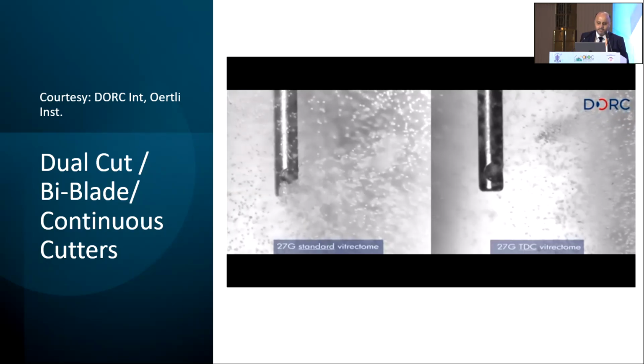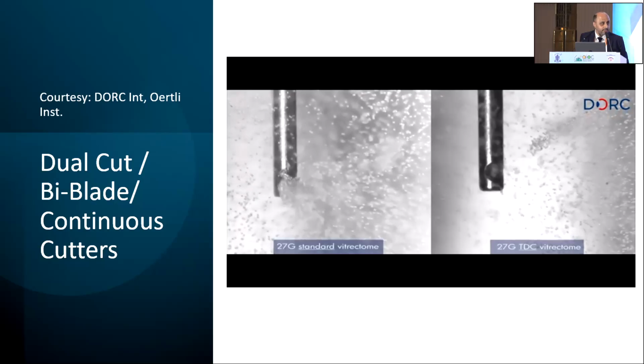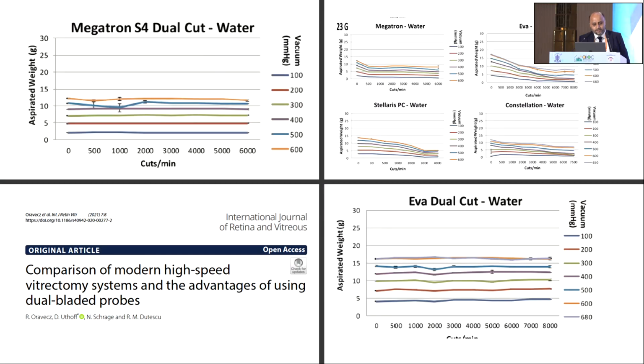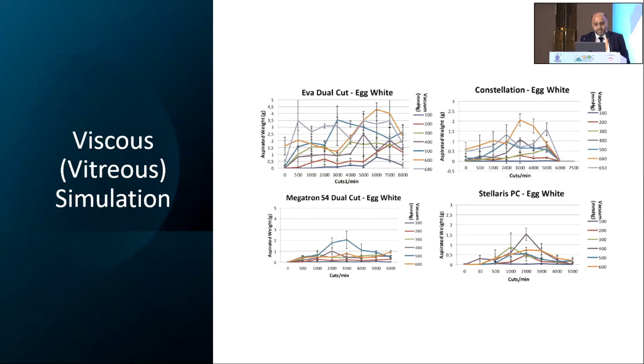And if you see this video, you also see that there seems to be very good flow with the TDC cutter. With this technology being introduced, there were studies in the literature which I went through, and they basically say that in this simulation model, with increased cut rate, the TDC cutters had increased flowability with water, and also in egg white, which simulated vitreous, there was better flow rate with a TDC or dual cut mechanism.